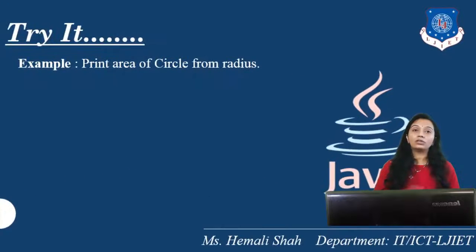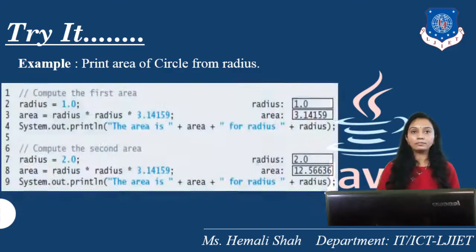So you have to try this particular program by using the operators. You just need to use the equation to make the area of a circle from the radius. Take one radius as a variable, store some radius value in the radius variable, and make an area function by using the equation of the circle.